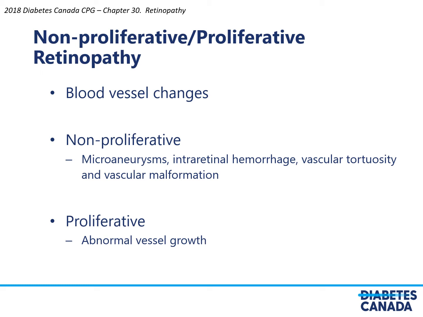If allowed to progress further, the retinopathy can then become proliferative, which means that there is abnormal vessel growth into the vitreous itself, and usually those abnormal vessels are quite frail and friable, and those are the ones that tend to bleed.